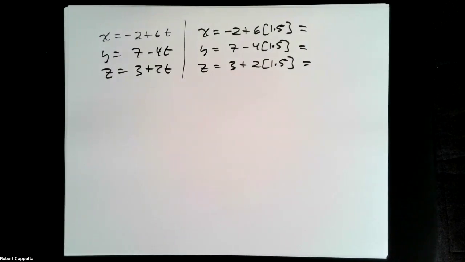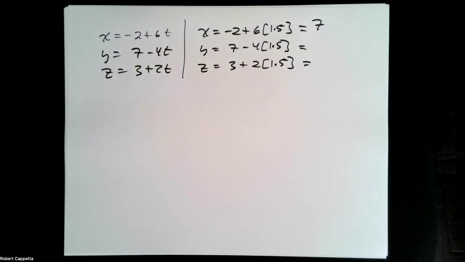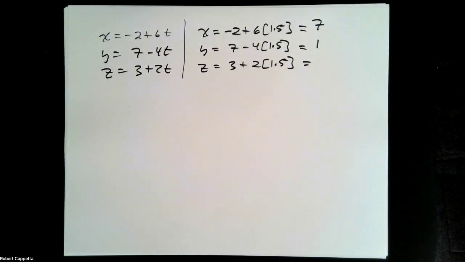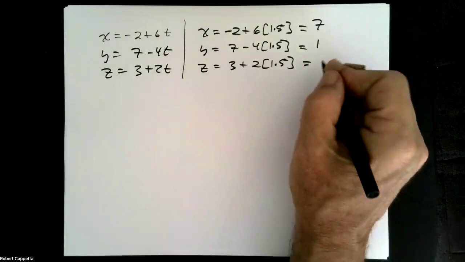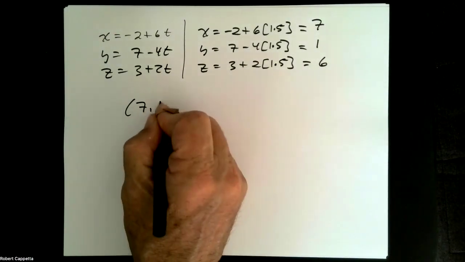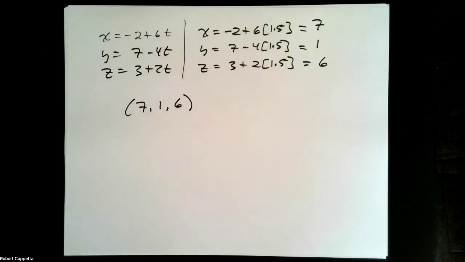What is that going to give me? -2 plus 6 times 1.5 gives me 7. 7 minus 4 times 1.5 gives me 1. 3 plus 2 times 1.5 gives me 6. So we believe the point 7, 1, 6, which is certainly on the line, is the point of intersection of that line and that plane.